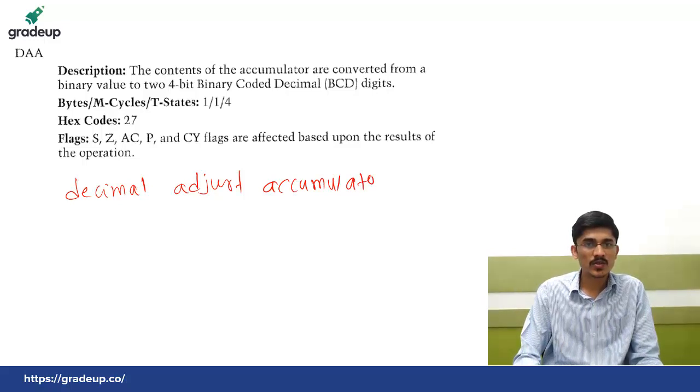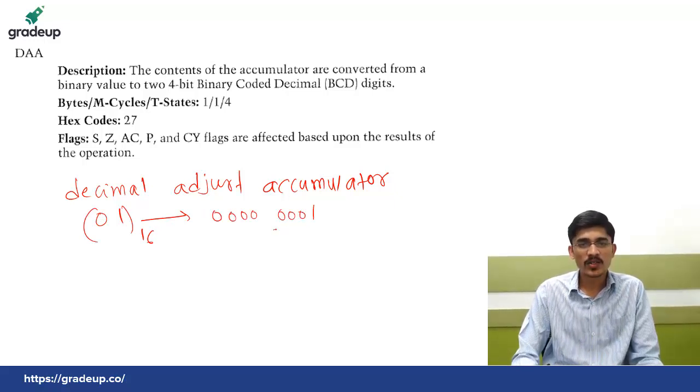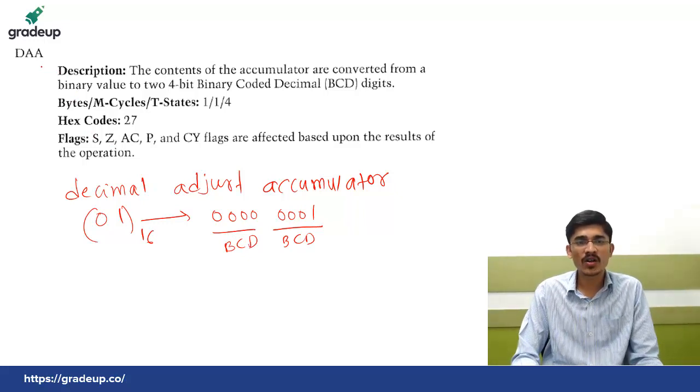In the DA operation, what we check is, suppose a number is given as 01. It is an 8-bit number, so it will be 0000 and 0001. So it is a valid BCD. In the DA operation it is checked whether the given number is a valid BCD or not, and if it is not a valid BCD number, it is converted to the corresponding BCD number.